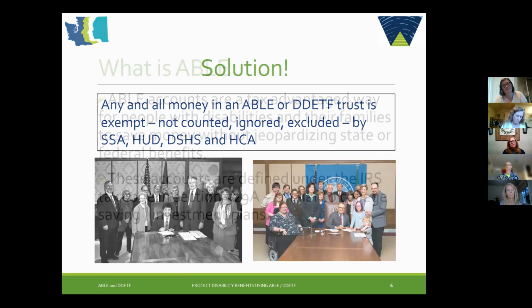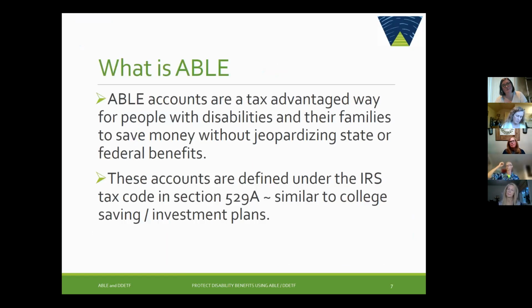And so as a generalization, the ABLE legislation was passed by Congress in 2014, and Obama signed the legislation at the very end of the year. And these are modeled after the 529 college savings plan. So here in Washington State, we have the GET plan, which is prepaid college.